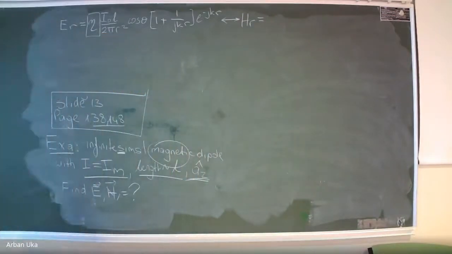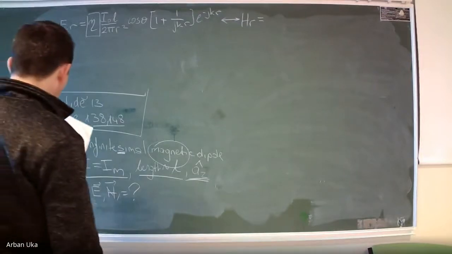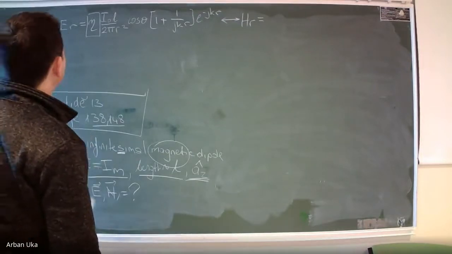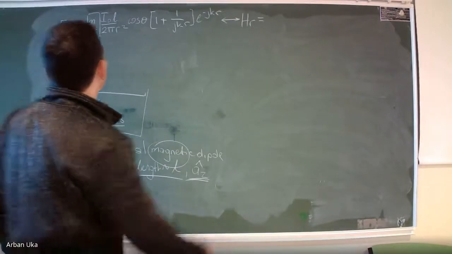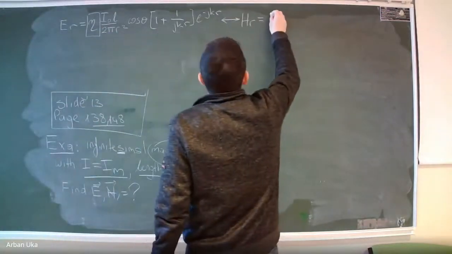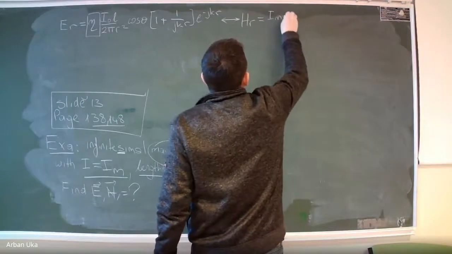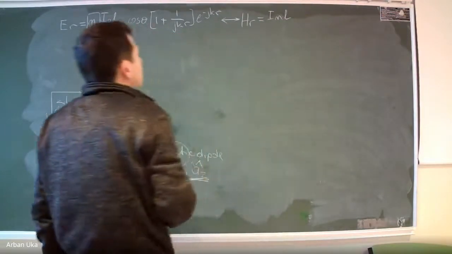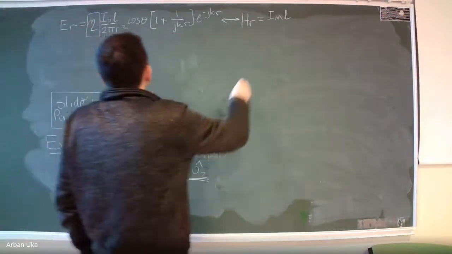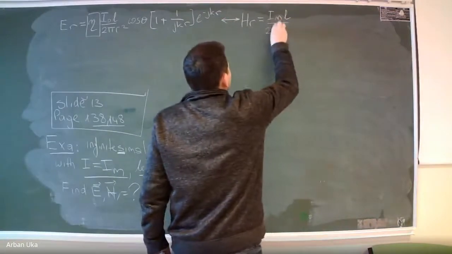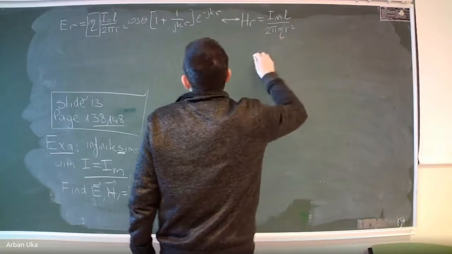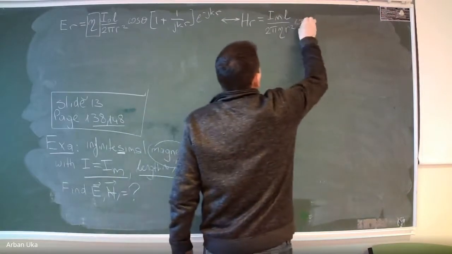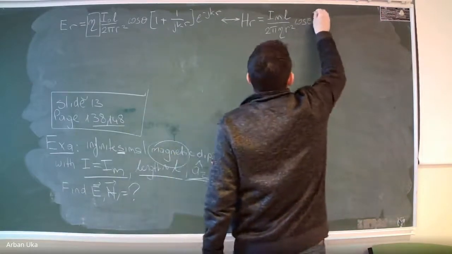So here for HR, it's everything the same, but do we have a negative sign? No, apparently we don't. Okay. So this is IM, because this is the current, magnetic current times M, divided by 2 pi, intrinsic impedance here, over R squared, cosine theta.